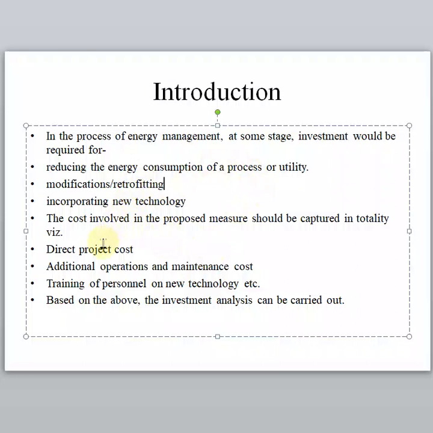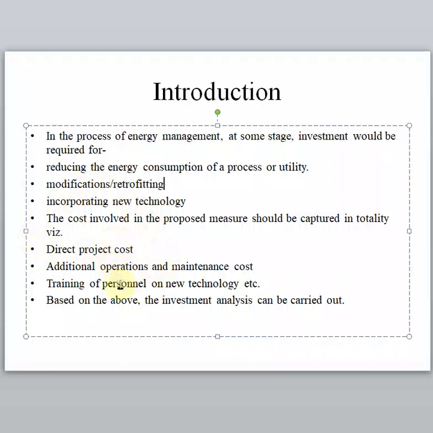Also it is essential to identify that the benefits of the proposed measure should be captured in totality, like direct project cost, then additional operations and maintenance cost, then training of personnel on new technologies, etc. And lastly, based on the above things, investment analysis can be carried out.